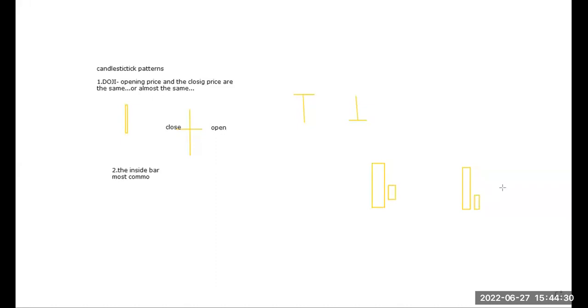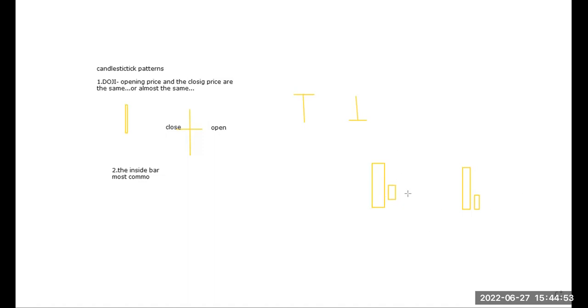Either way, it means that the top and the bottom of the first candle have not been surpassed by the second candle. This pattern represents a pause or a consolidation in the market.